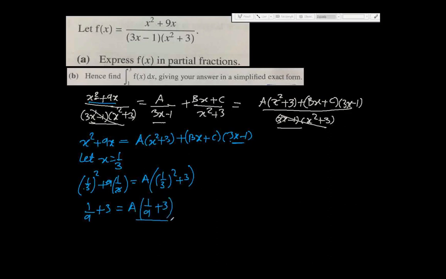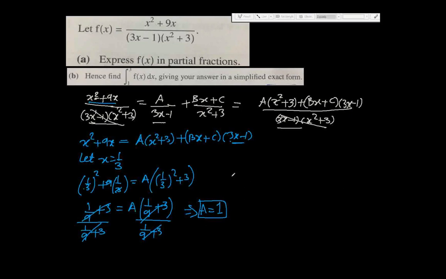So we can divide by 1/9 plus 3 so that both of them get cancelled out. That leaves A equal to 1, not 0, 1. When something is cancelled by dividing or multiplying, we write 1.